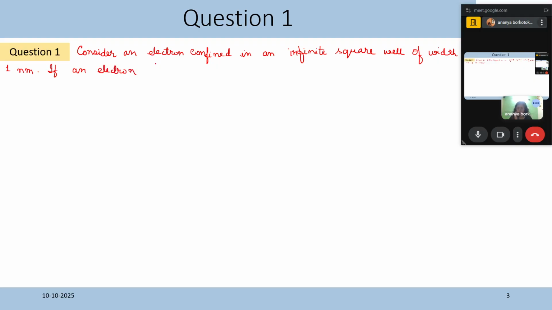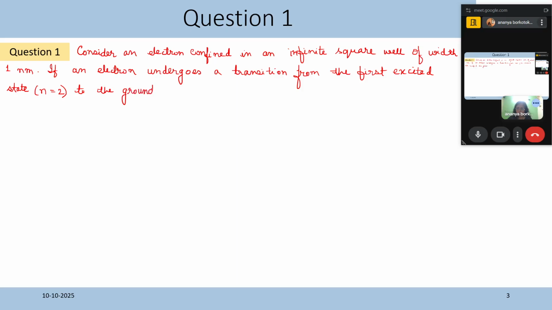If an electron undergoes a transition from the first excited state, that is n equal to 2, where n is the quantum number, to the ground state, and for ground state n is equal to 1.